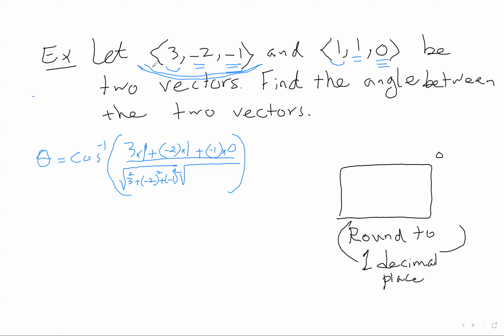The length of that is radical of 3 squared plus -2 squared plus -1 squared. And times the radical, which is the length of the other vector, so 1 squared plus 1 squared plus 0 squared.